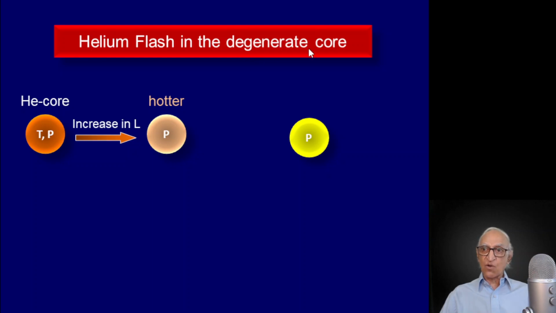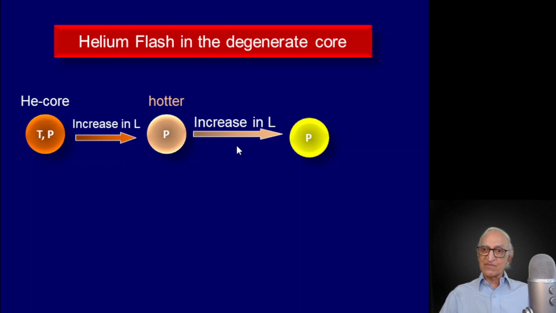But because the core is degenerate, it will get hotter all right, but its pressure will not increase, because the pressure of a degenerate Fermi gas has nothing whatsoever to do with temperature. So it will generate more energy now, because please remember, the hotter it is, the higher is the average energy of the particle, and the tunneling probability for the fusion reaction will increase exponentially with increasing energy of the particle.